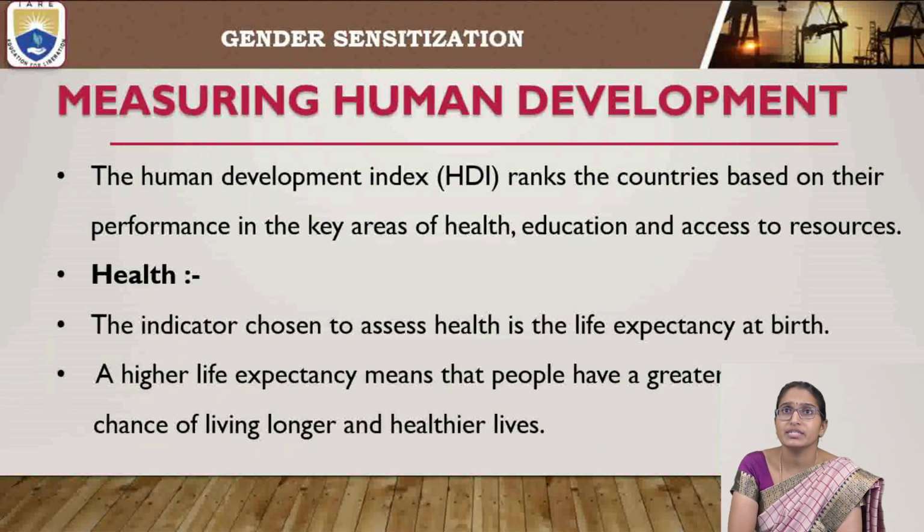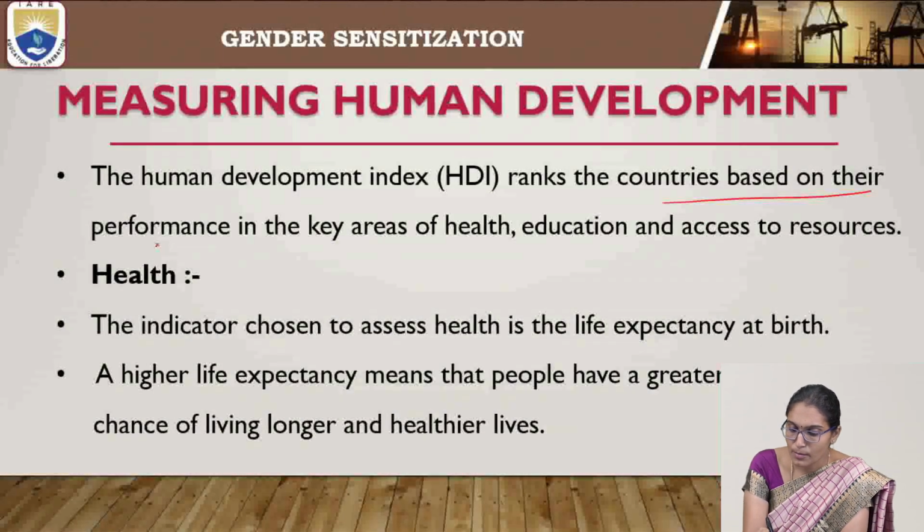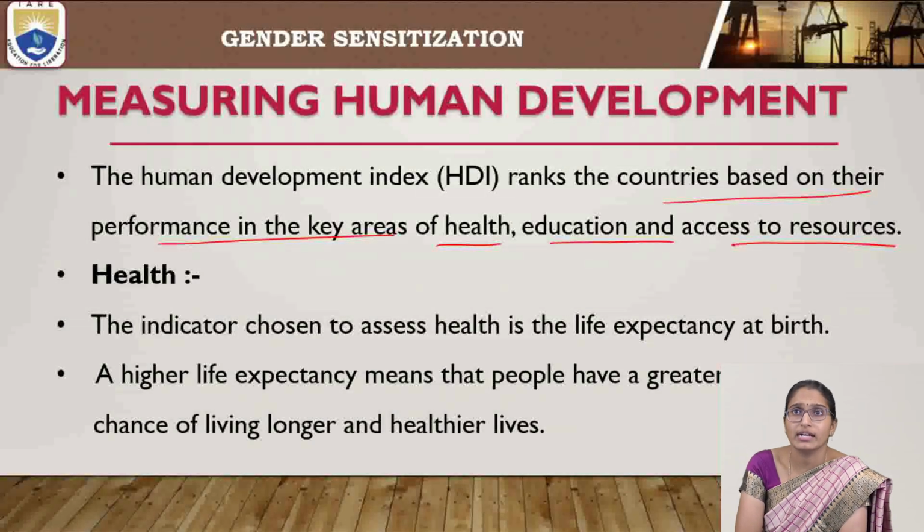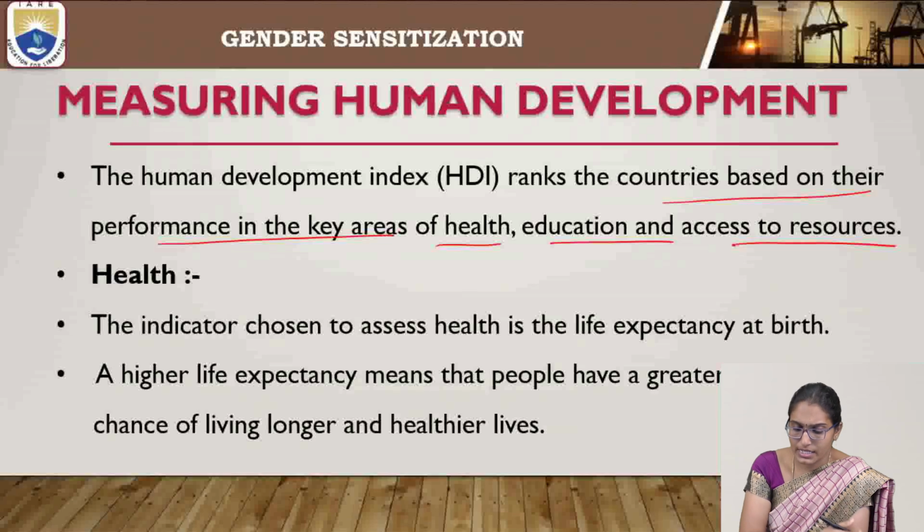So how do we measure human development? The Human Development Index ranks countries based on their performance in the key areas of health, education and access to resources. Based on these three key factors, HDI is conducted for each country and the ranking is given.